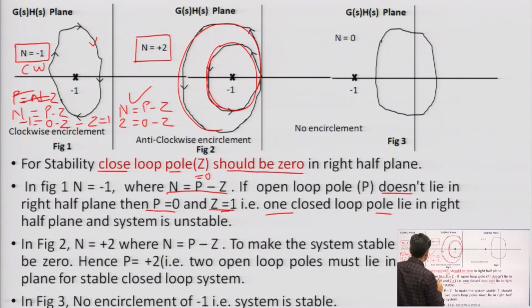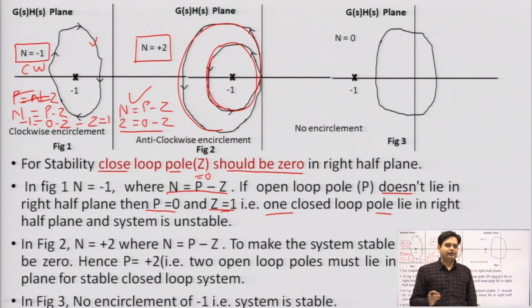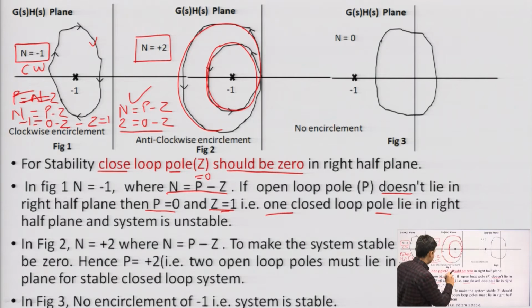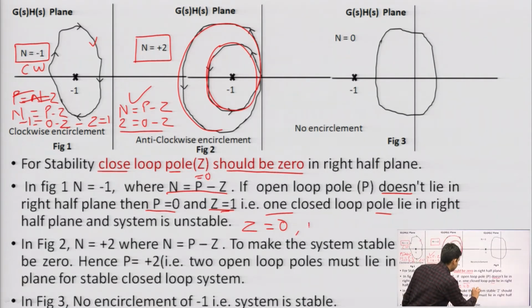It means two poles are lying in the right half plane. If I have to make the system stable, what is the condition? My Z value should be equal to 0, and how is it possible to make it 0? If my value of P is equal to 2.